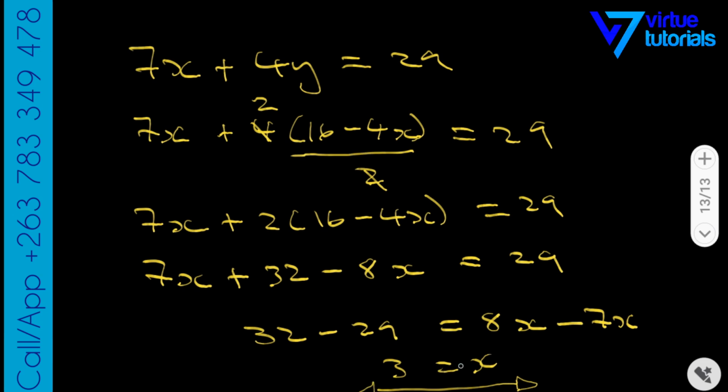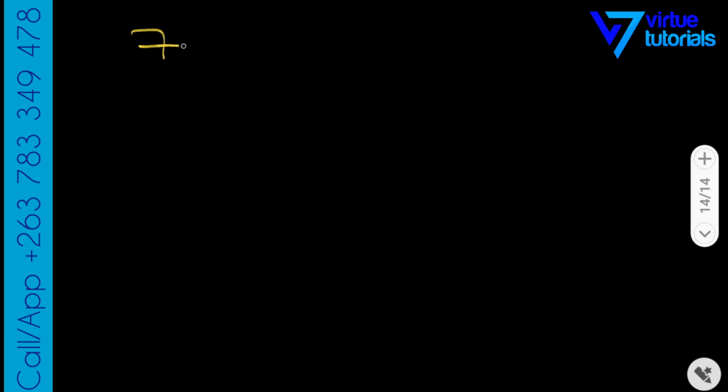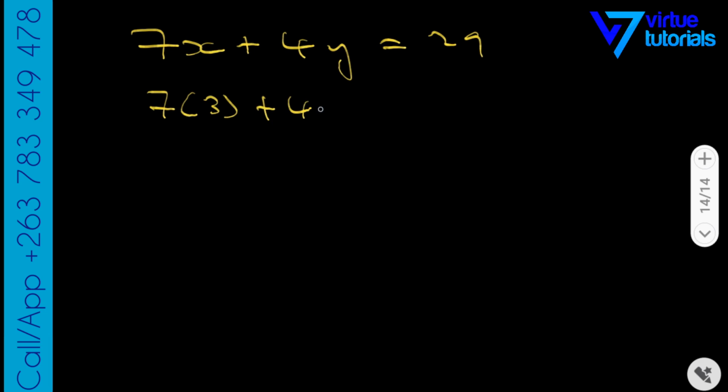So now I found my value of x. Once I find my value of x, I can go to any of those equations and substitute where there was x, right? So I can go to equation 1 or equation 2 and put my value of x as 3. So if I go back to the same equation, 7x plus 4y is equal to 29, it means it's 7 times 3 plus 4y is equal to 29. 21 plus 4y is equal to 29.